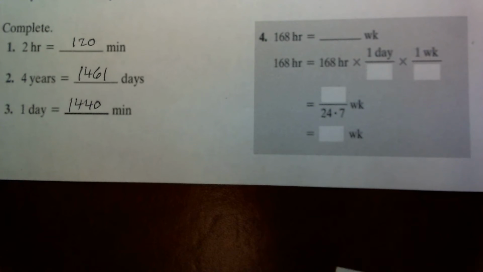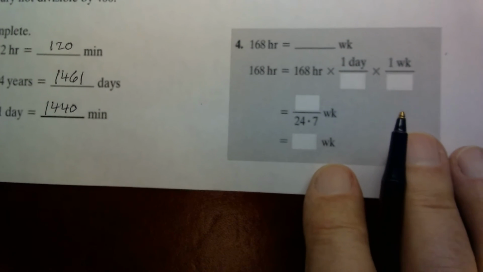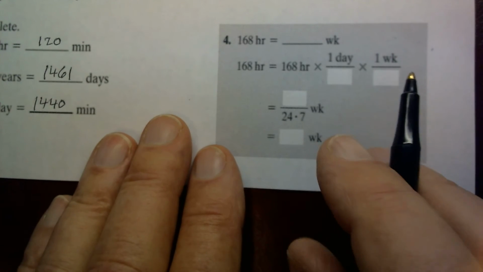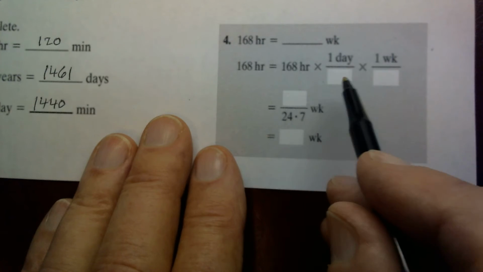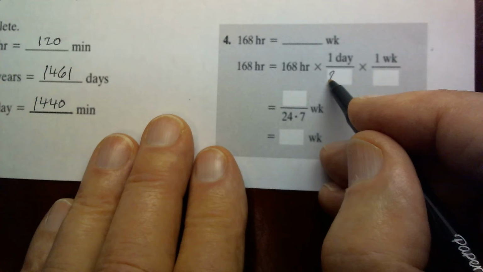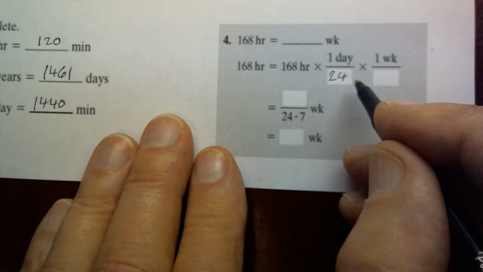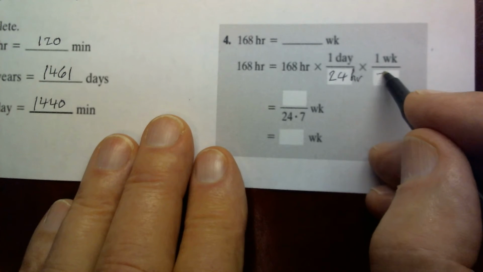And when we look at the guided solution exercise, we are supposed to convert 168 hours into weeks. So we know 168 hours is 168 hours times 1 day, and 1 day has 24 hours. And 1 week has 7 days.